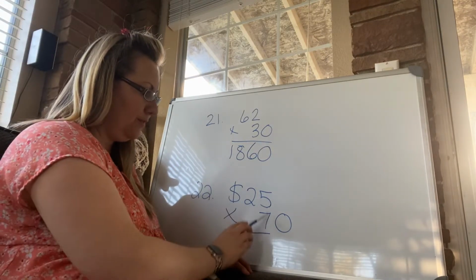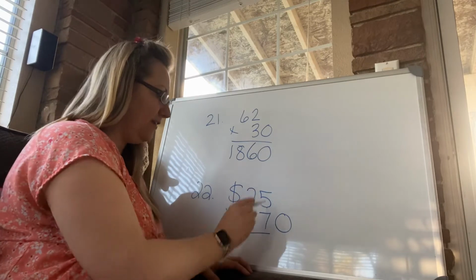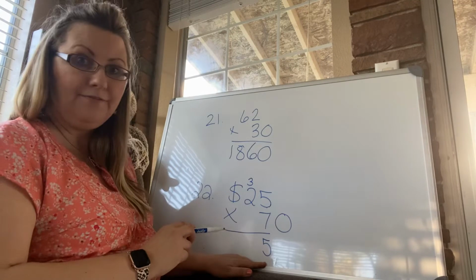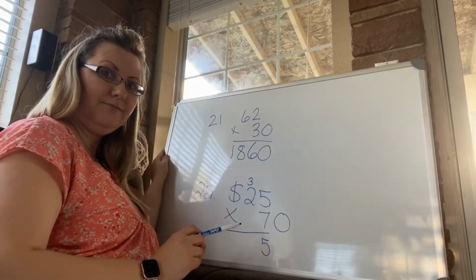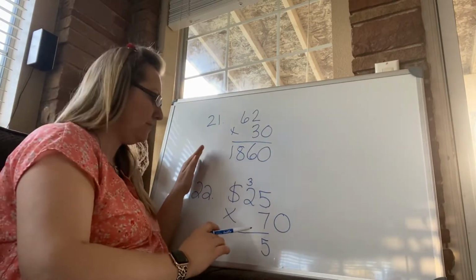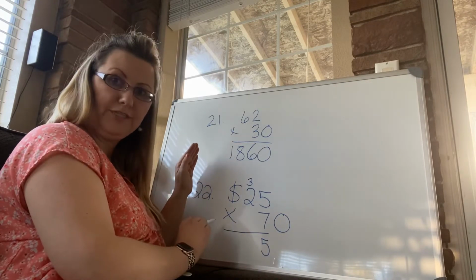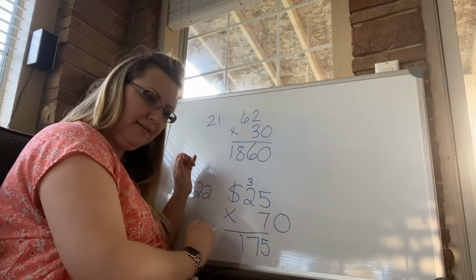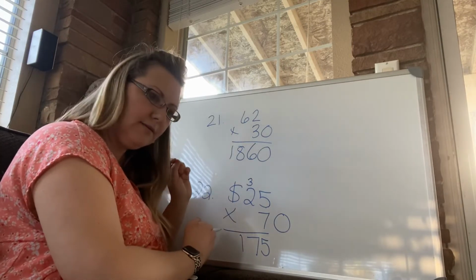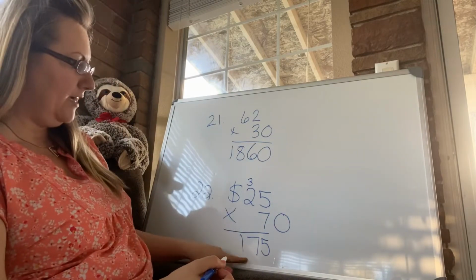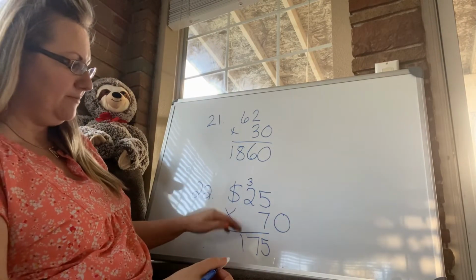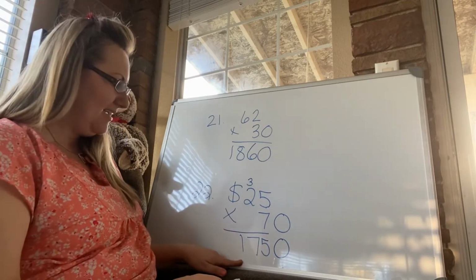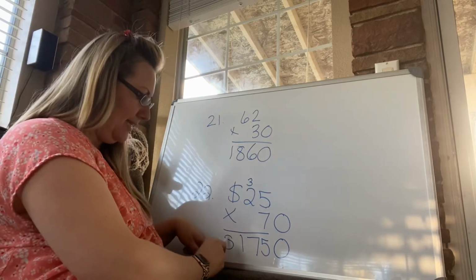So let's just go with the simple way to do it, which is 7 times 5 is 35. Put down the 5, carry over the 3. Ooh, it's a little bit glary, isn't it? Now 7 times 2 is 14, plus 3 is 17. Okay, so we have 175 from the 25 times 7. Don't forget to bring down that 0, right? And don't forget that this is about money.